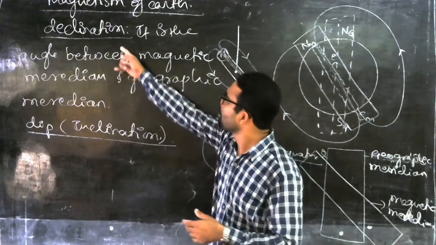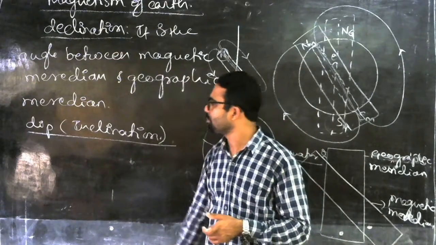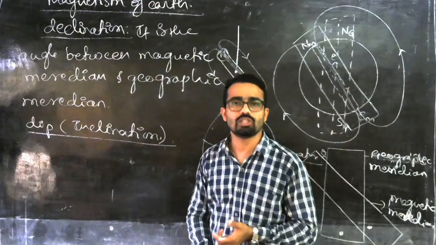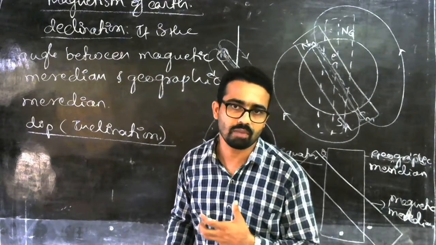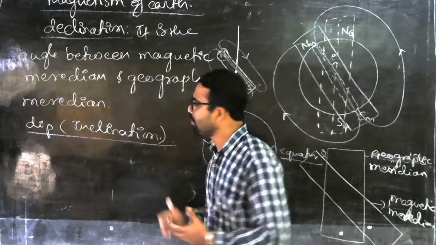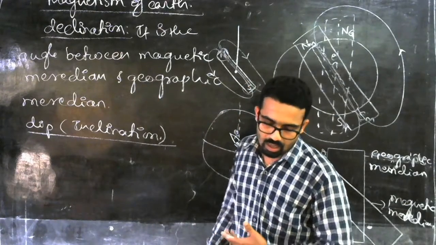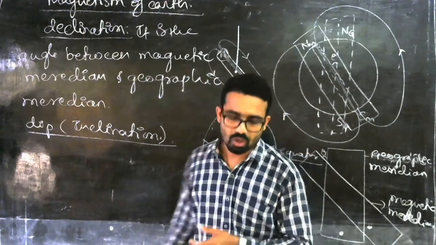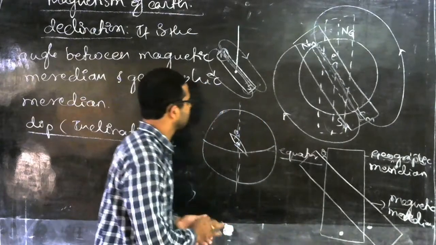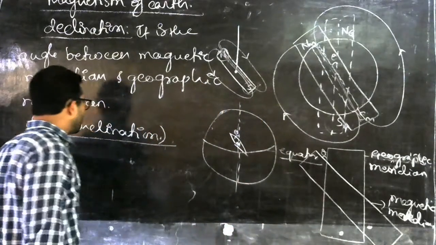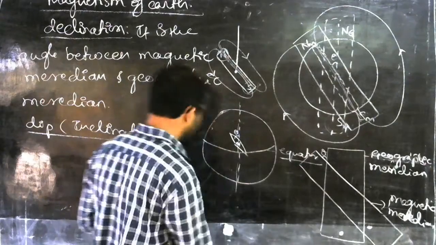They are angular declination, angular inclination, and the horizontal component of the earth's magnetic field. I told you that they are required to define the earth's magnetic field. That is why they are called the magnetic elements of the earth. Okay. Now let us discuss the dip or inclination.